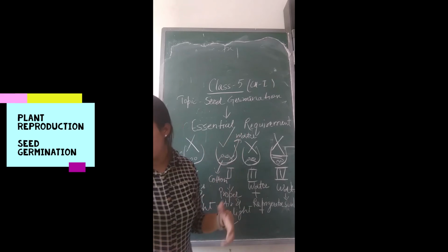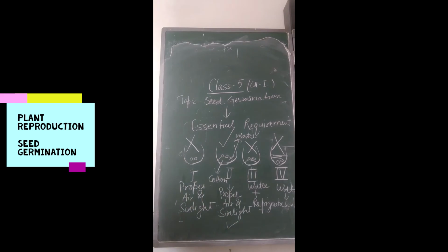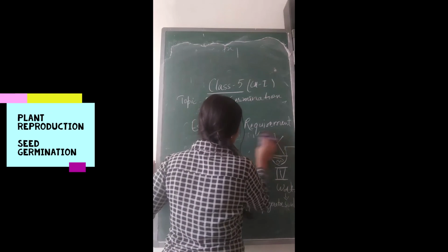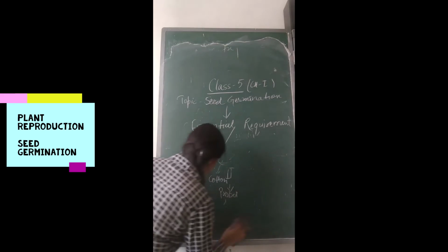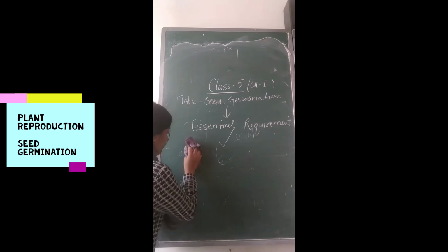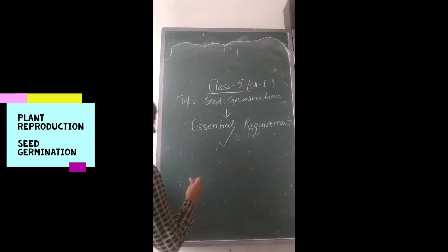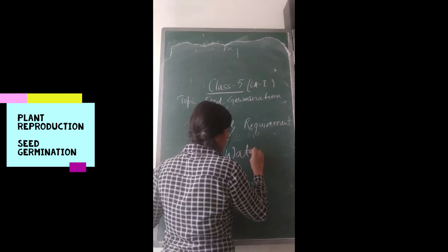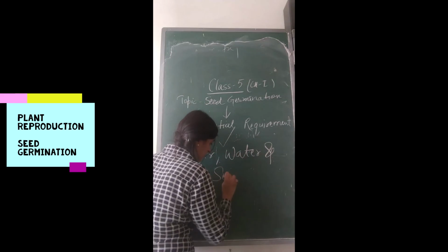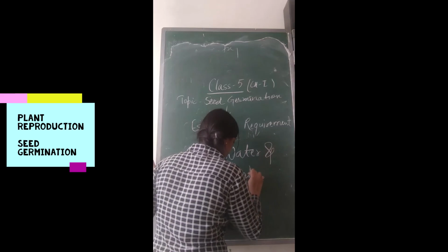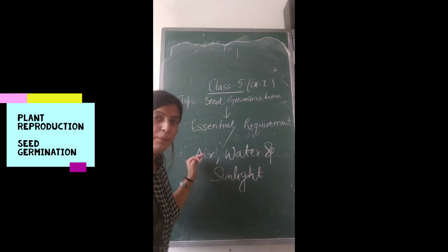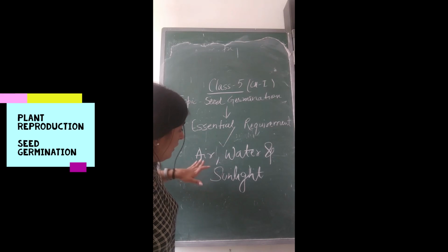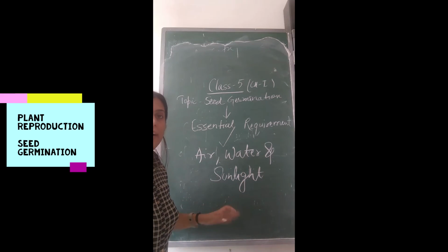The essential requirements for seed germination are air, water and sunlight.